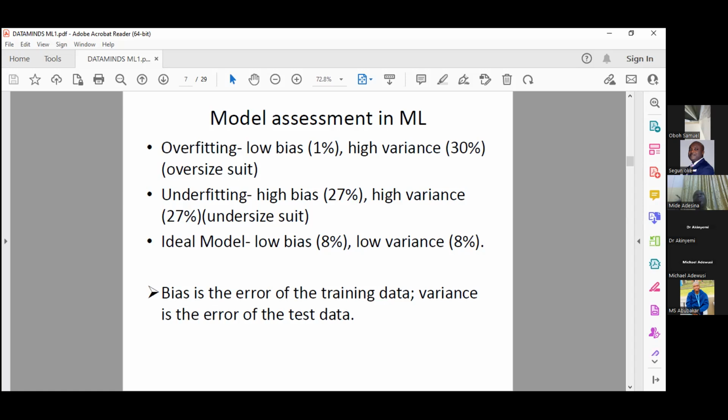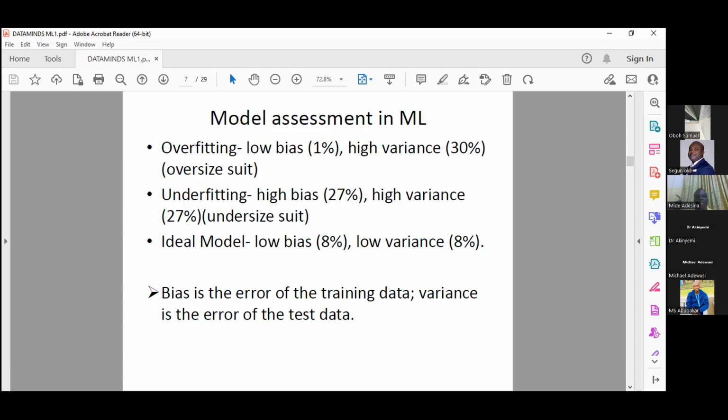And to avoid overfitting, there's something that can be done. It is by injecting bias into the data. Injecting bias implies you penalize. Penalizing the model reduces the variance but increases bias.